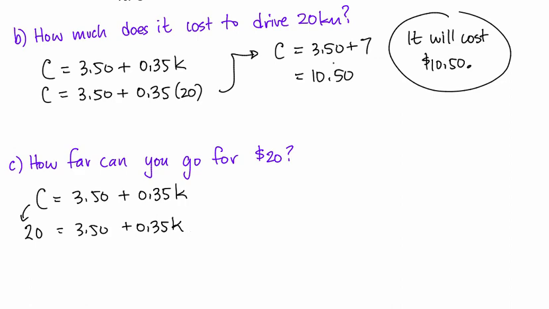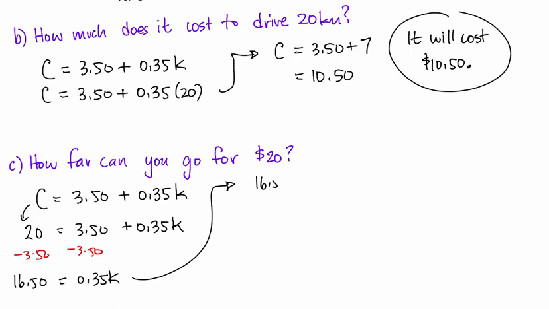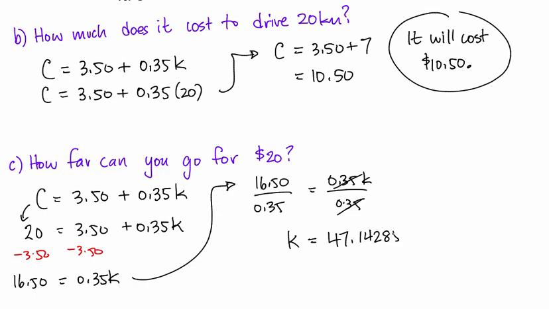So first step is subtract 3.50 from both sides, and that gives me 16.50 is equal to 0.35k. And just continuing the work up here, I'm dividing 16.50 by the coefficient 0.35 so that I can take 0.35k and also divide it by 0.35, which will leave me just with the value of k, and you get 47.142857, continuing forever.